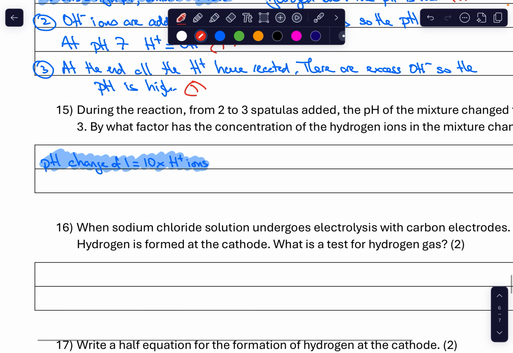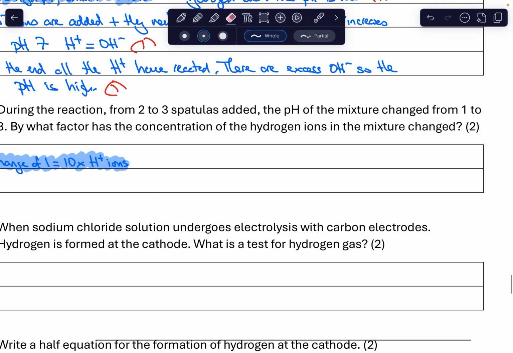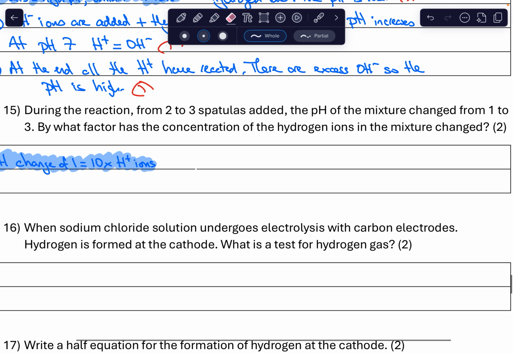Last couple, during reaction, change from 2 to 3. What happens to hydrogen ions? So again, your core knowledge here is you should know that a pH change of 1 means a change in 10 for hydrogen ions. So if I'm going from pH 1 to 3, sorry, so my pH is 1, then it's going to go to 2, and then it's going to go to 3.